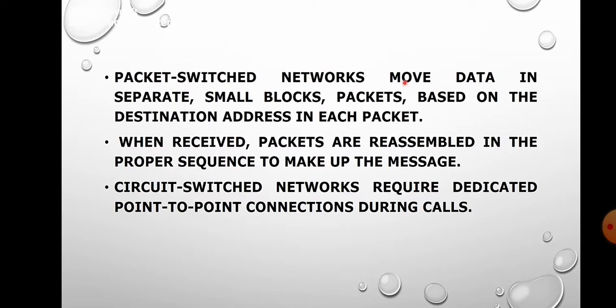A packet switch network moves the data in terms of small blocks, packets, based on the destination address in each packet. When the packets are received at the destination, they are reassembled in the proper sequence in order to get back our original message.